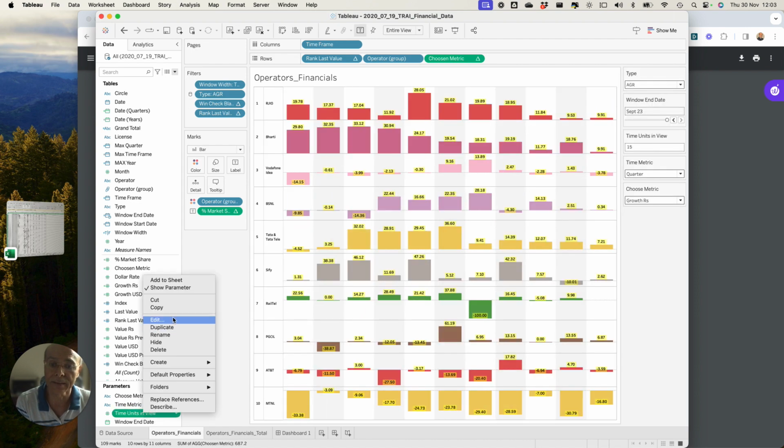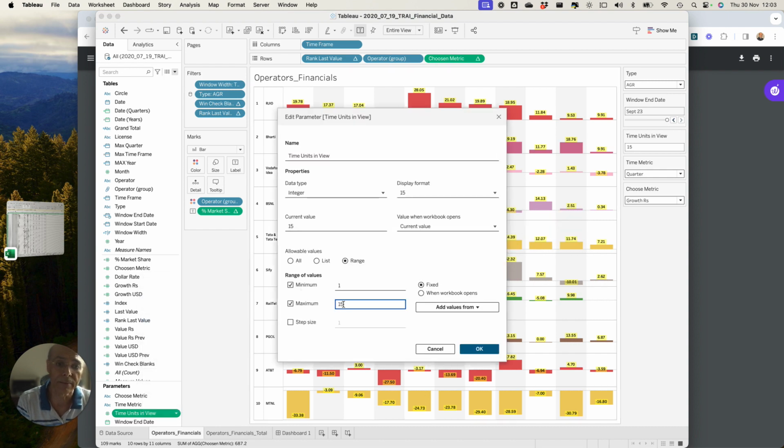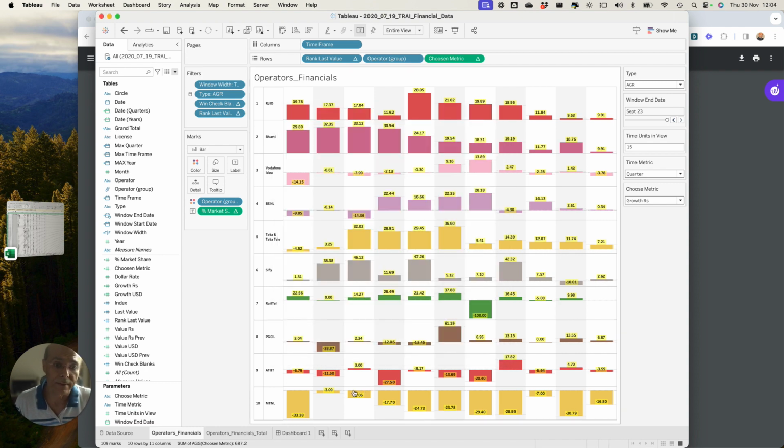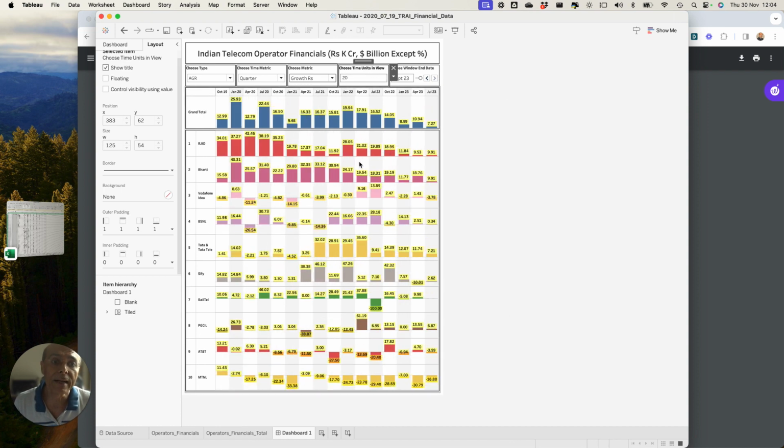Just a minute. That is why I am not able to get 20. So I'll make this parameter 20, and then I'll go here and make that 20. Okay, so let me use 20 here, and this will give an interesting picture.